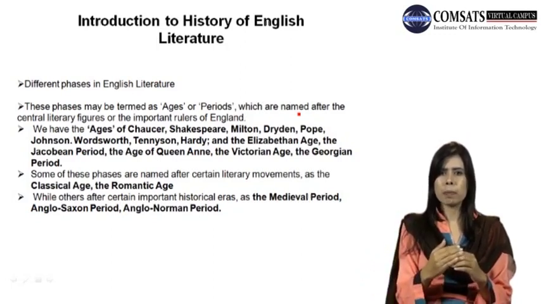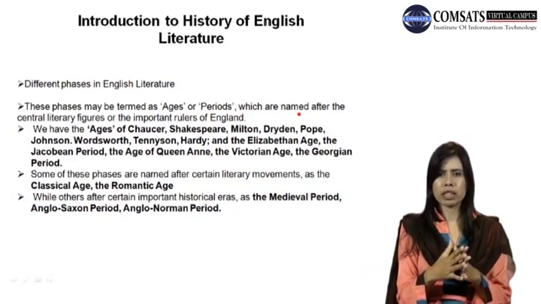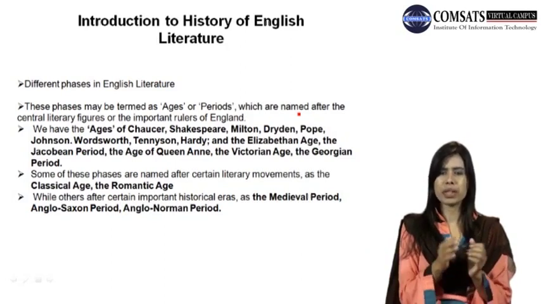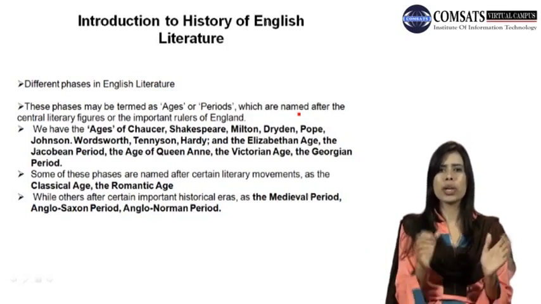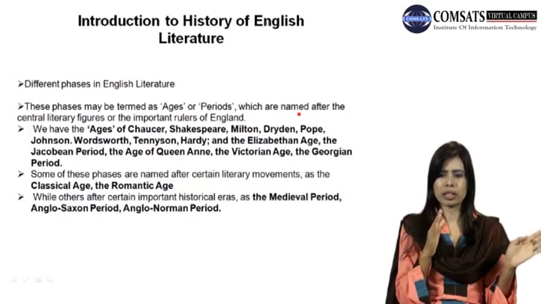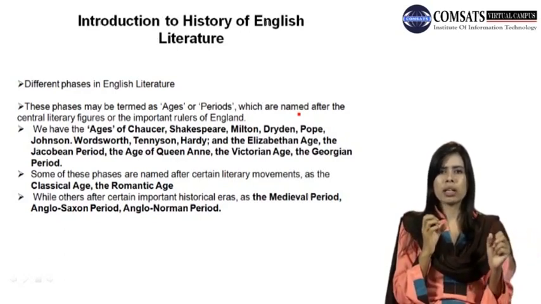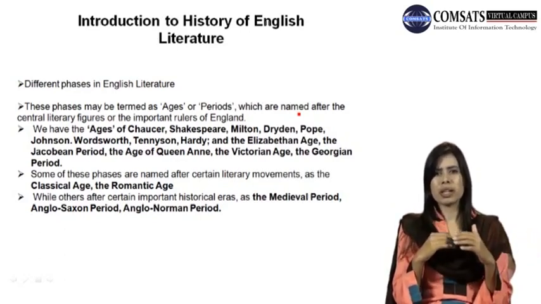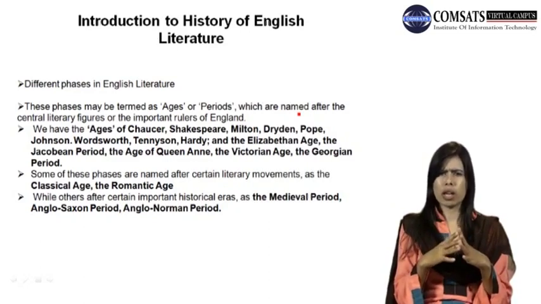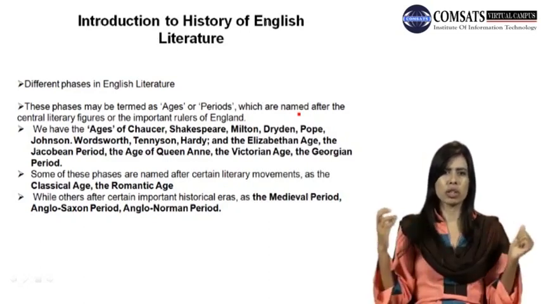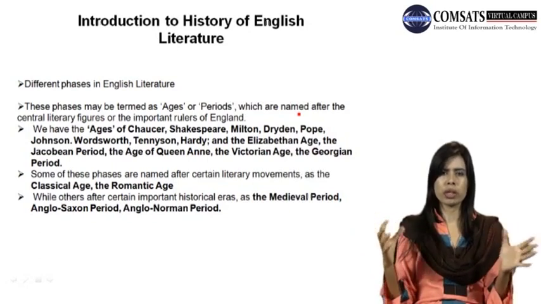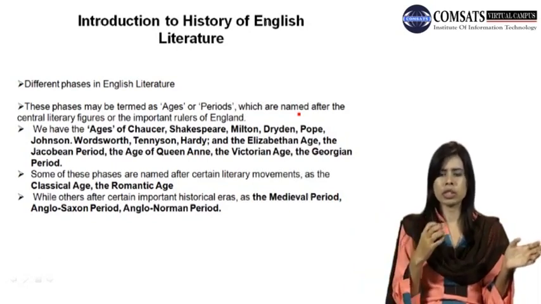So my dear students, you have to keep in mind the concept of ages and periods as well, because we are dealing with the history of English literature. And now you can be confused as to why there are ages and periods, why there is not only one period throughout the history of English literature.